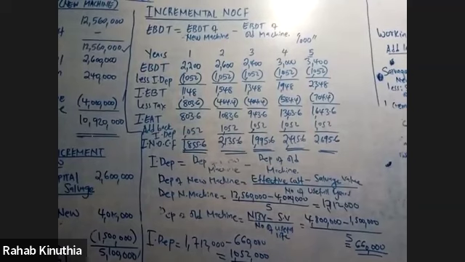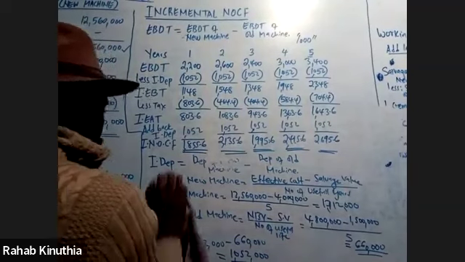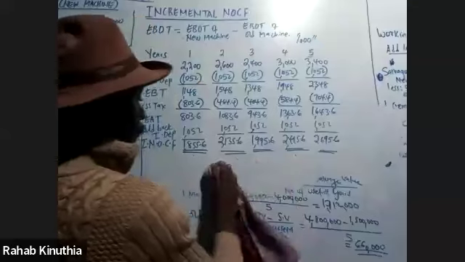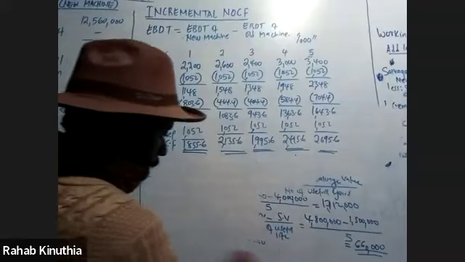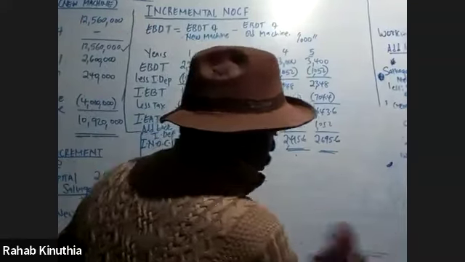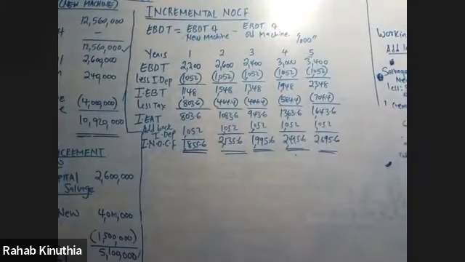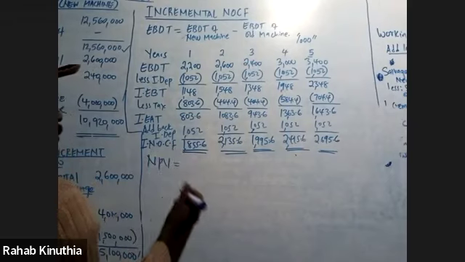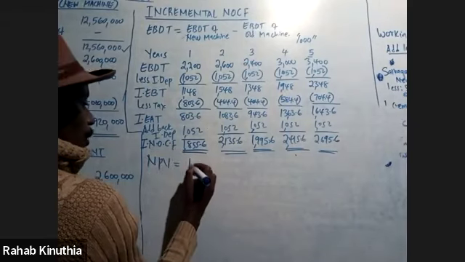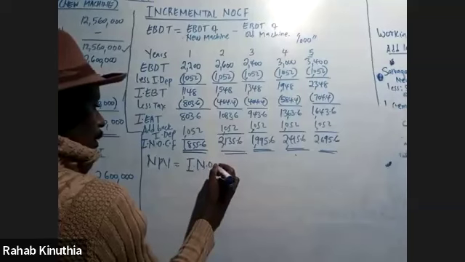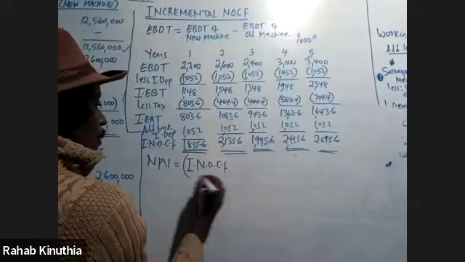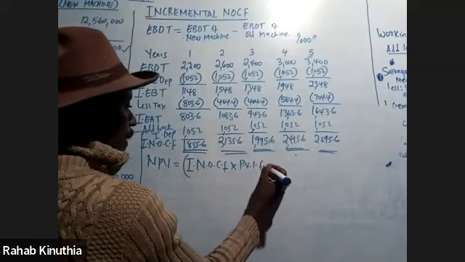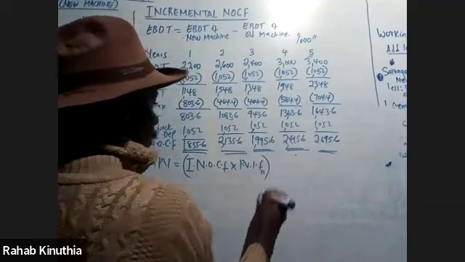Now, once we get the net operating cash flows, we can proceed and get NPV. So that this question will be over. So how do we get NPV? So NPV is equal to incremental net operating cash flow, we multiply with the present value interest factor for any period.